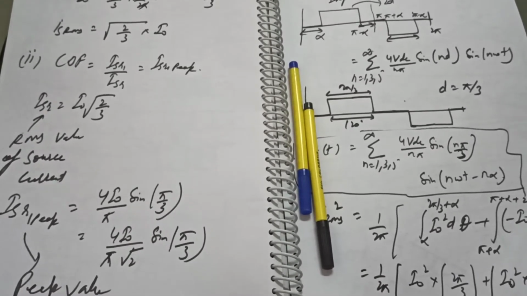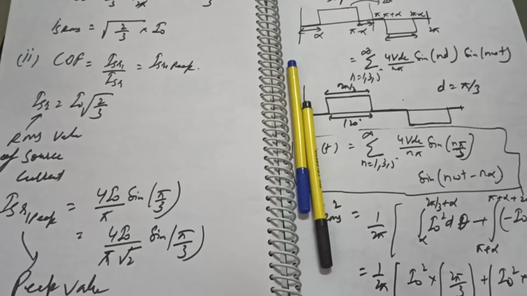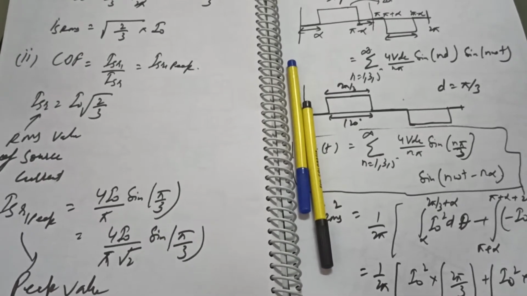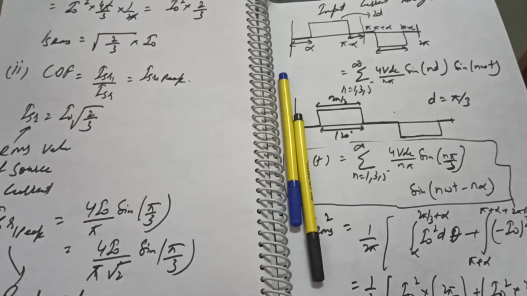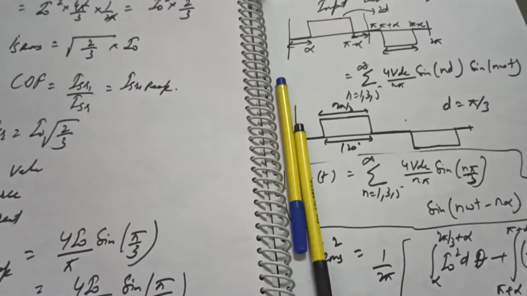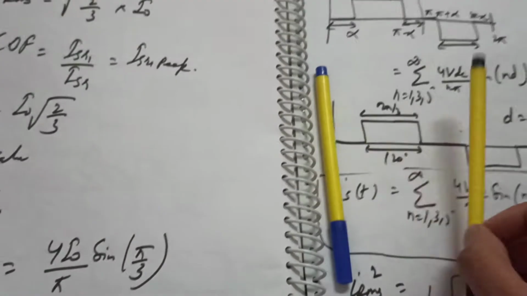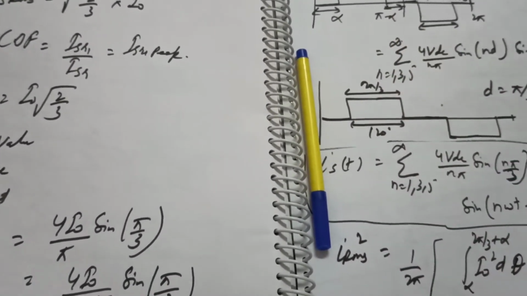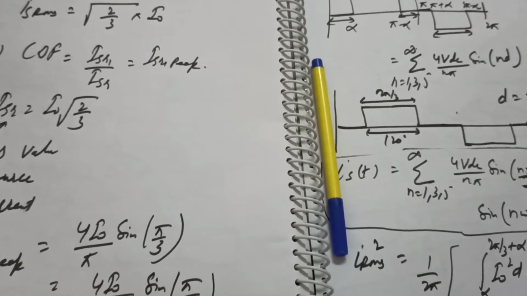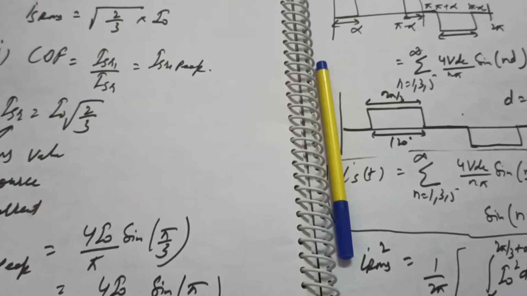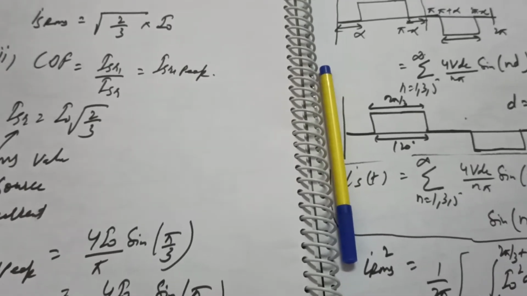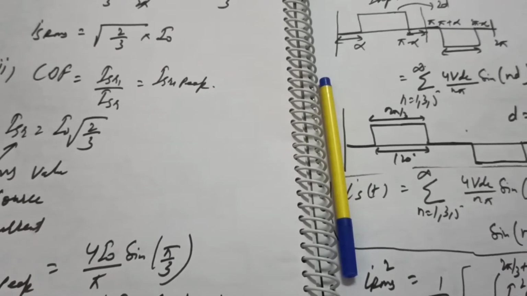So before proceeding further, I would like to explain the input current, as it is quite visible to all of us that this is the wave shape of input current. It looks like this, or I can say that it is a specific case of single pulse PWM wave.